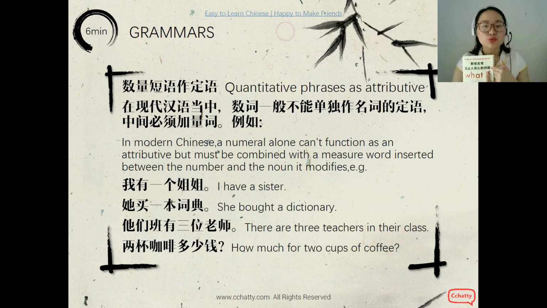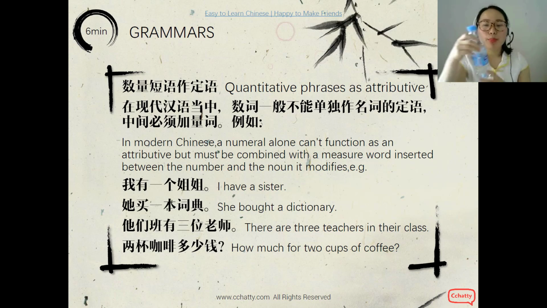So like 一书, one book, this is incorrect, this is wrong. If you want to use the number and the noun, there must be a measure word between the number and the noun. Like one book is 一本书.